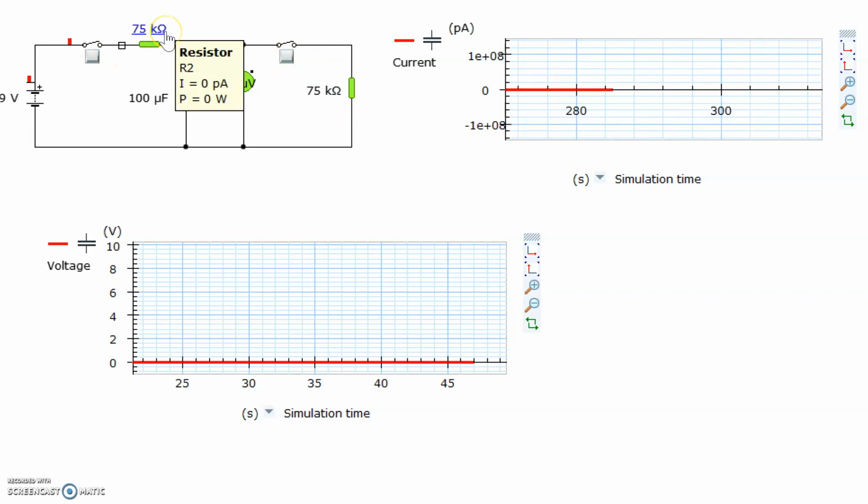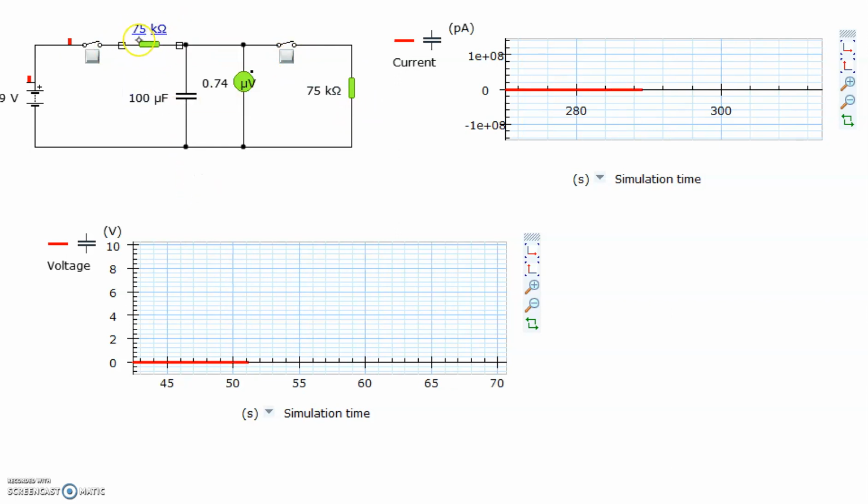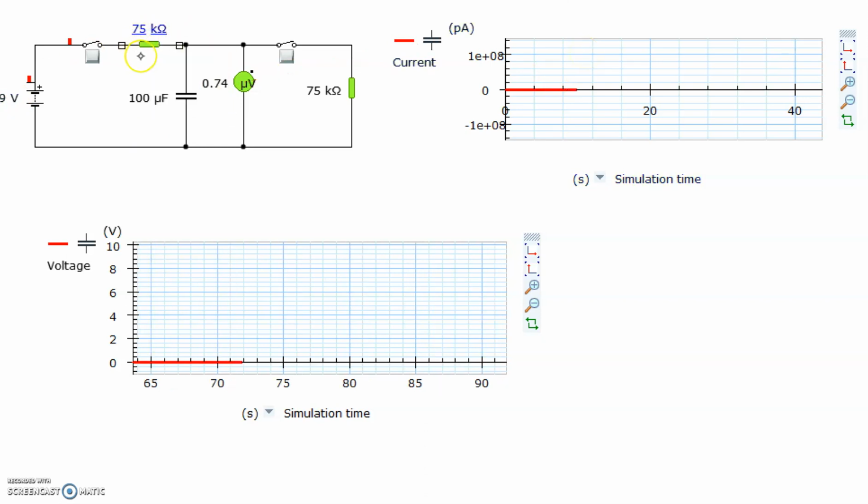Now another interesting thing with capacitor charge times is that if I took that resistor out and had it connected straight to the battery, when I press the switch, the capacitor will instantly charge. It will immediately get 9 volts, the current will be very, very high, so you'll get a spike and the voltage will follow quickly after. But by putting a resistor in there, I can actually slow the charge rate down, and I'll show you.